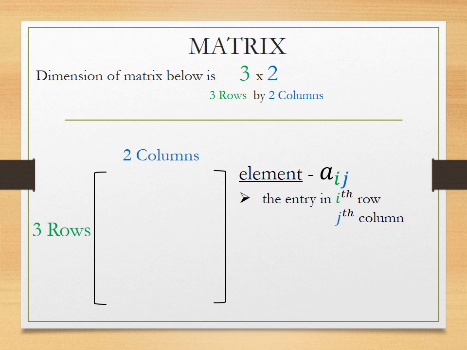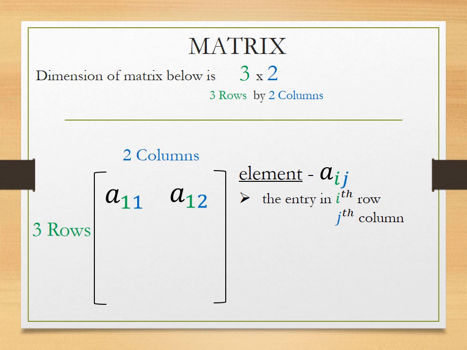Also, you'll hear the term element when talking about a matrix, and we would often refer to each entry as A sub i j, i telling us what row the element is, and j is what column. So if we look at our matrix, we have A sub 1,1, because that is in the first row, first column.